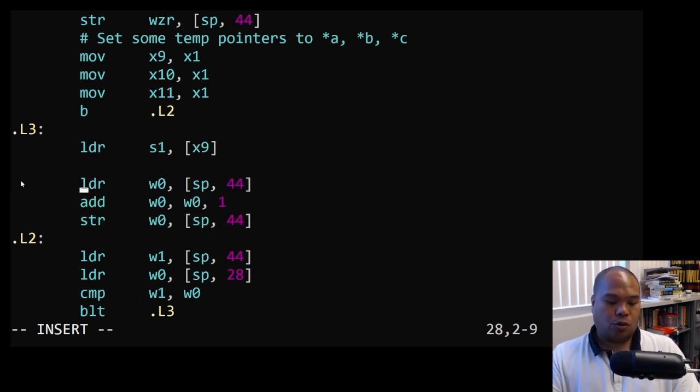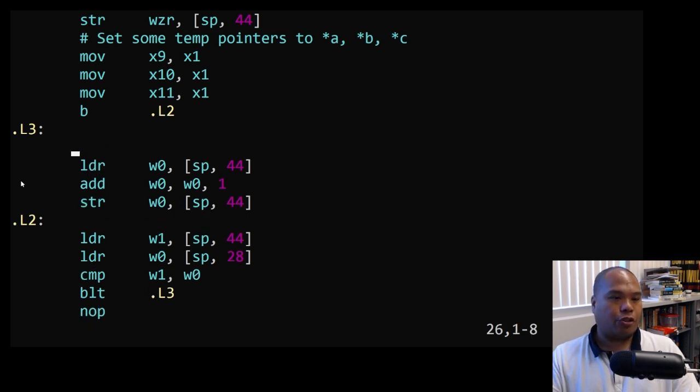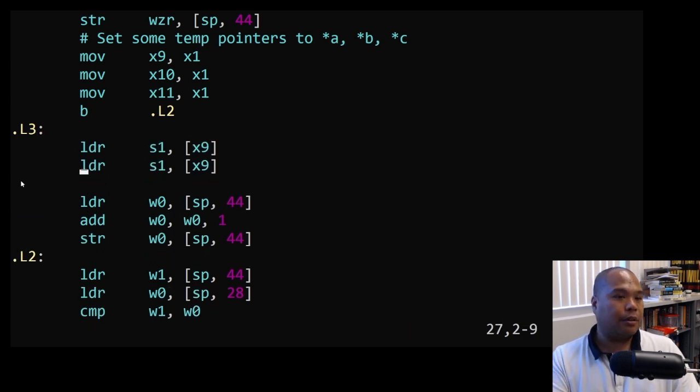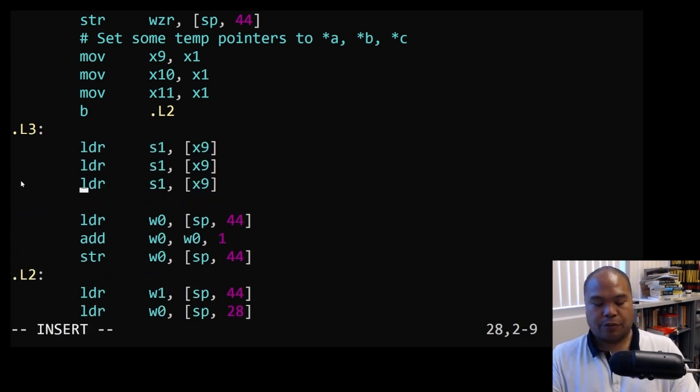And then we're going to have a sequence of instructions up here that will dereference the values we need. Let me put this in S0, I'll put this in S2, and then this is 9, 10, and 11.